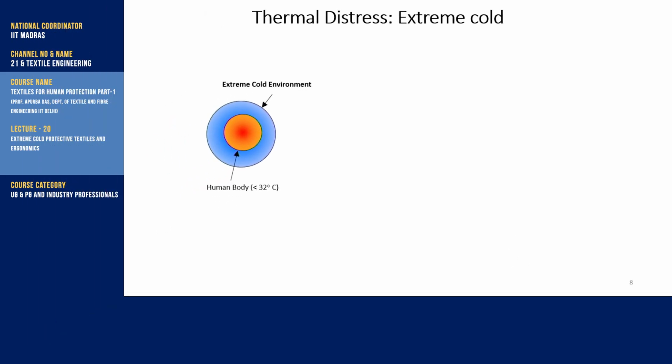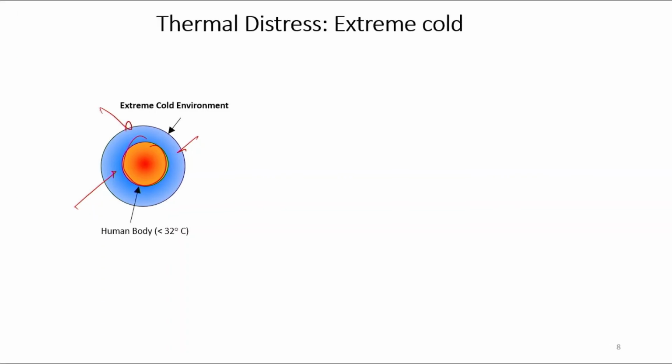In extreme cold conditions, the outer layer is extremely cold and our body is exposed to the extreme cold environment, and here the body core temperature drops gradually by quick release of heat. The rate at which we produce heat is much lower than the rate of release of heat due to the temperature gradient.